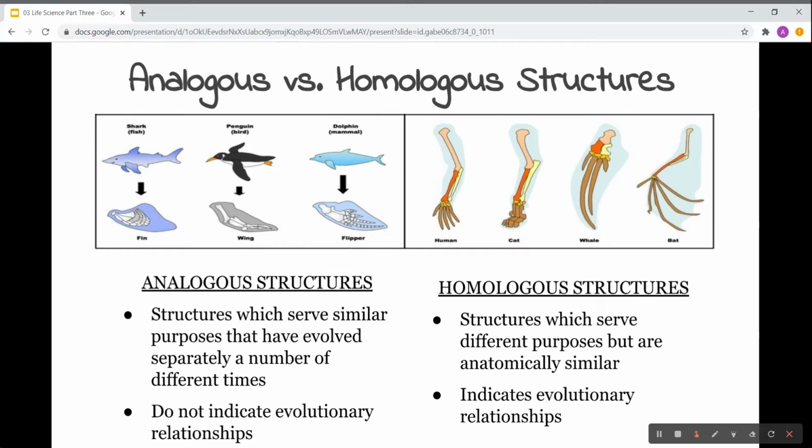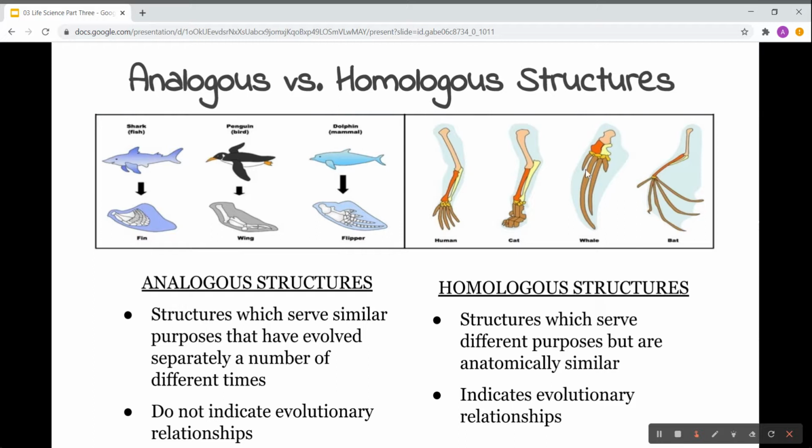Analogous would be different. Homologous would be the same. So homo being the same. So structures would serve different purposes, but are anatomically similar. So in terms of a human, an arm, the bones, the hand, we use that to pick up things and do whatever we do with our hands. A cat, it looks very similar, but they use them to walk on.